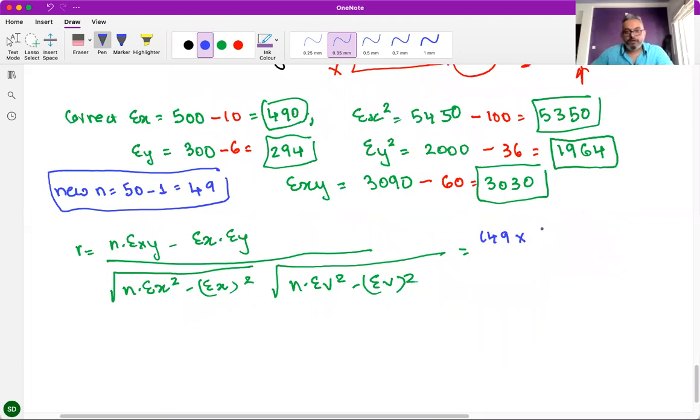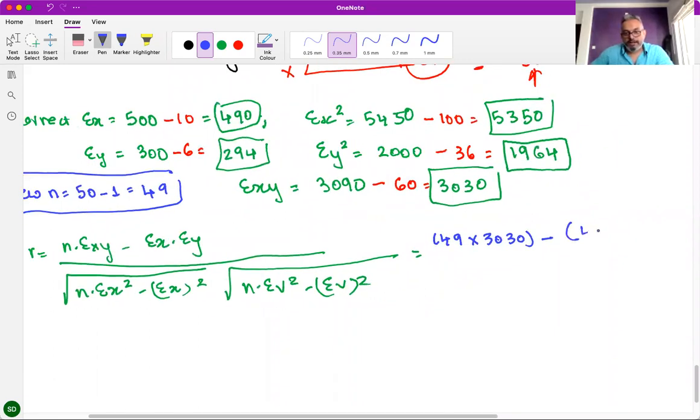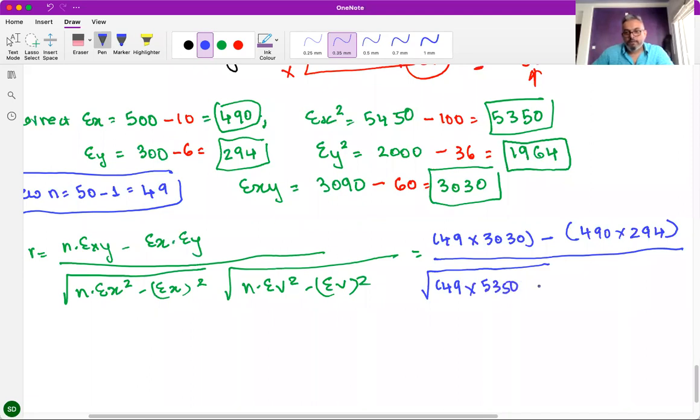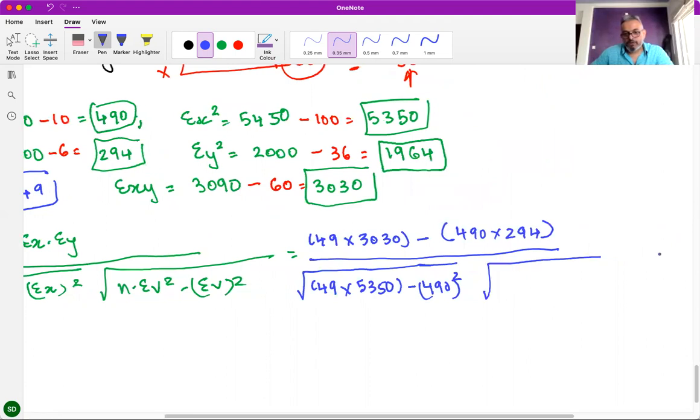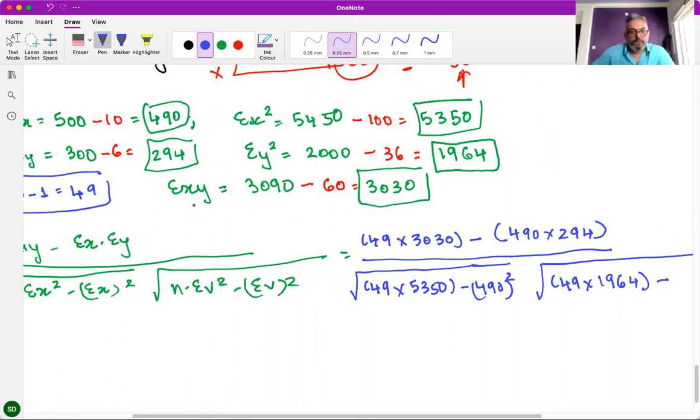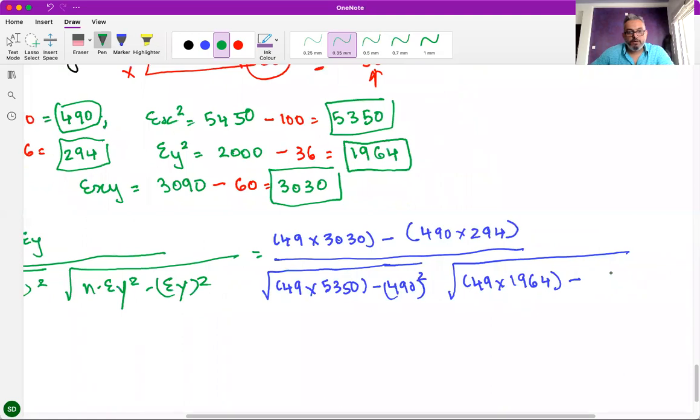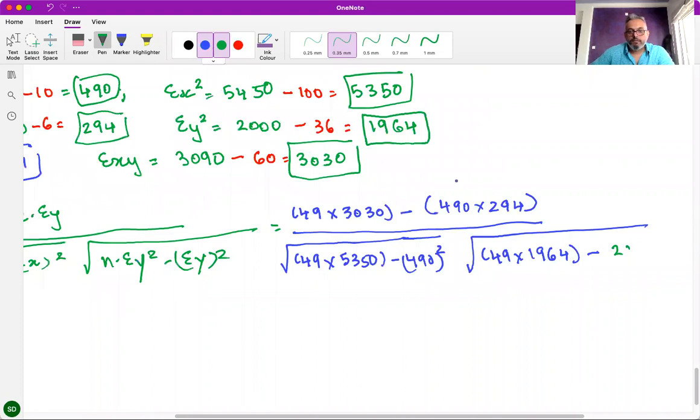So 49 into sigma xy is 3030 minus sigma x is 490 into 294 upon under root 49 into sigma x square 5350 minus sigma x 490 the whole square under root 49 into sigma y square 1964 minus sigma y the whole square, 294 the whole square.